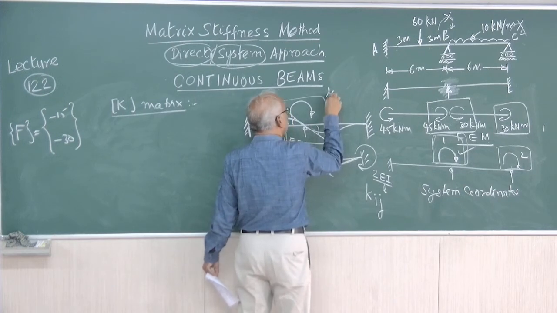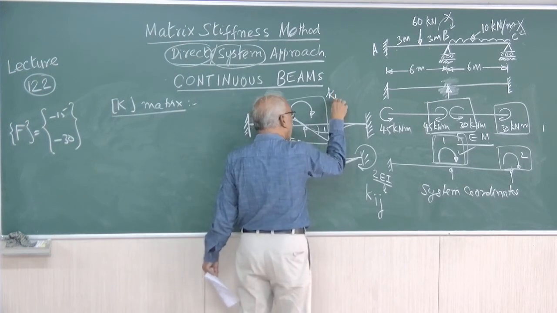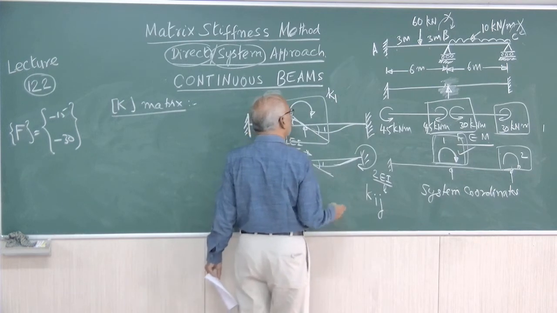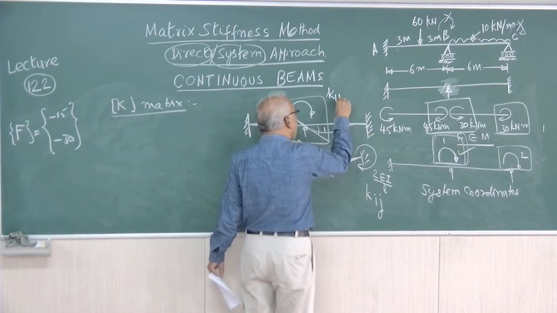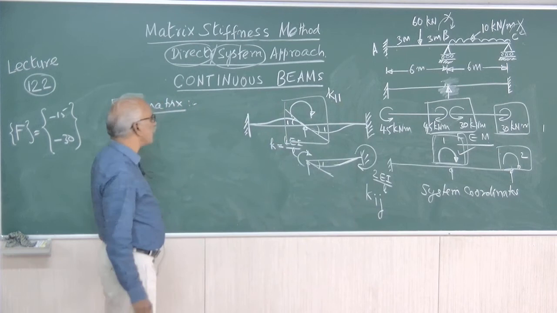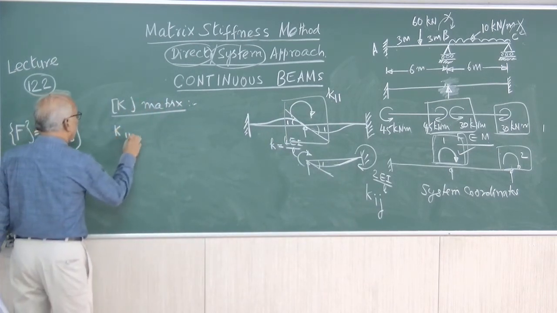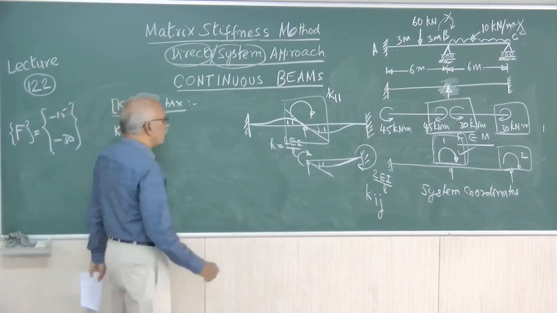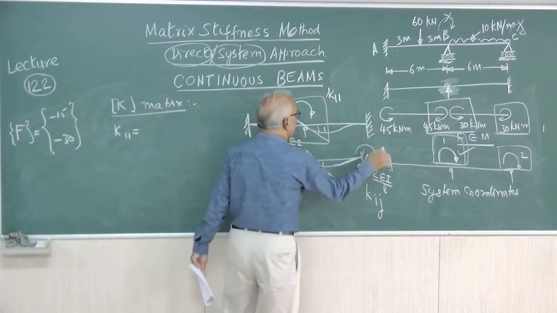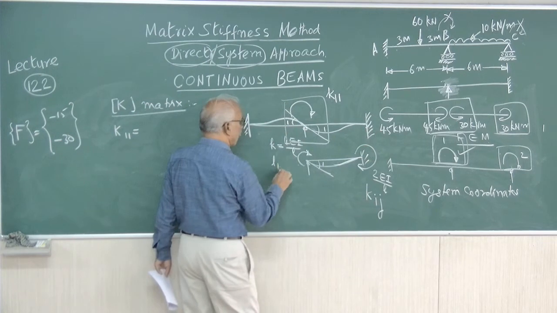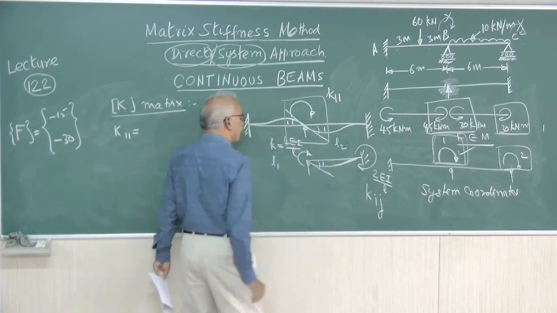So with this basics, now the force developed at coordinate 1 due to unit displacement at coordinate 1 is K11. K11 equal to, let us call this L1 and this L2.